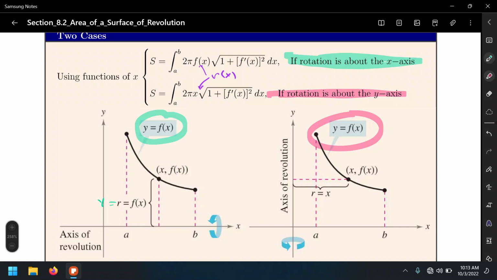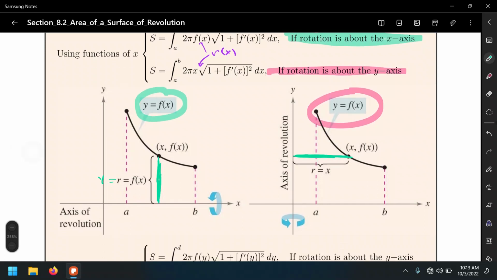So this radius is just going to be x because it's in the horizontal direction. This distance right here is the distance from the axis of rotation to any point, as opposed to this one being vertical. And this is the picture for a function of x being rotated about the y-axis and the x-axis.